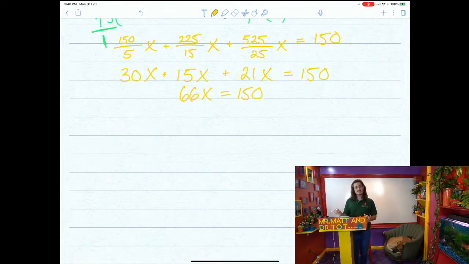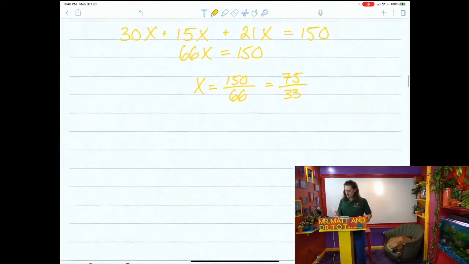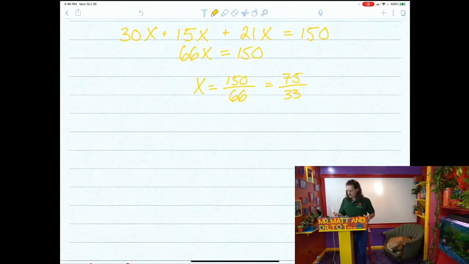And so dividing by 66 on both sides, we'd find that x is equal to 150 over 66. That's the same thing as 75 over 33. Which, can we reduce more? Yeah, that could be 25 over 11. So they're both divisible by 3 as well.